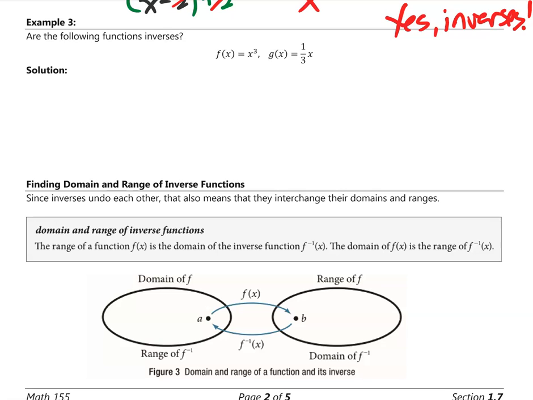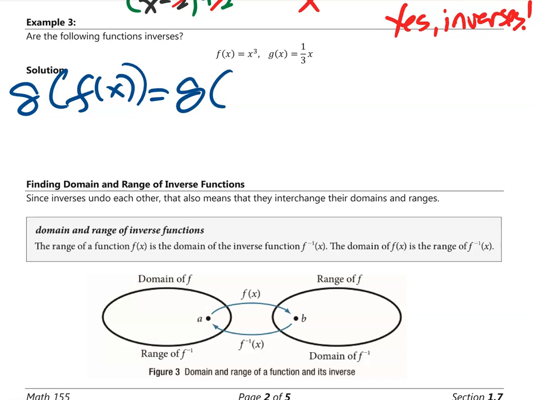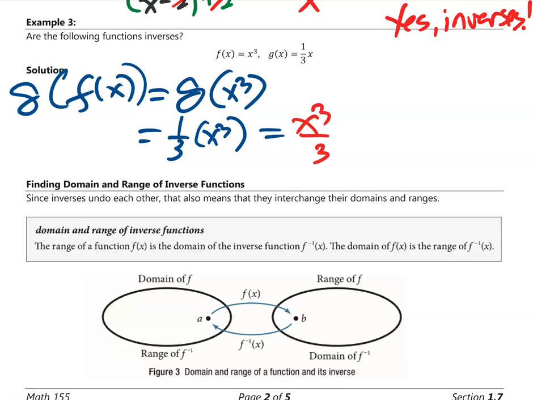You're going to try g of f of x. So with g, your f of x is x cubed. Then we're going to plug in x cubed to g of x. So this is x cubed, and 1/3 of x cubed is equal to x cubed over 3.